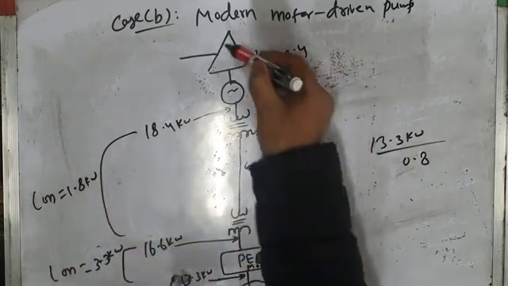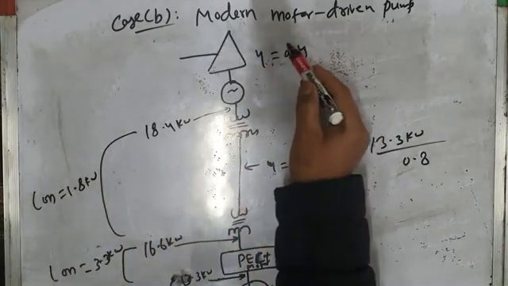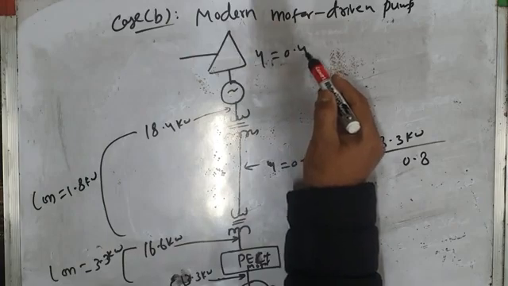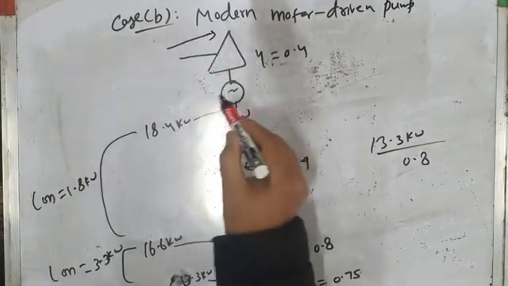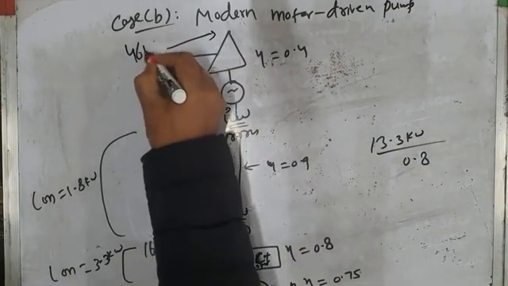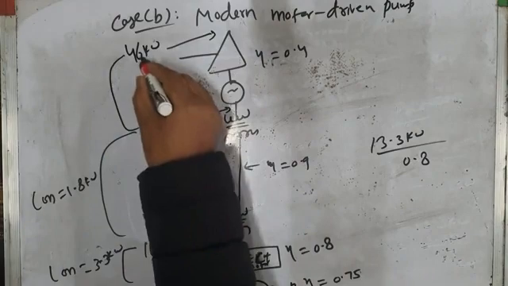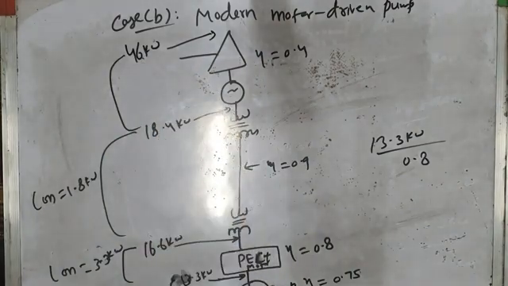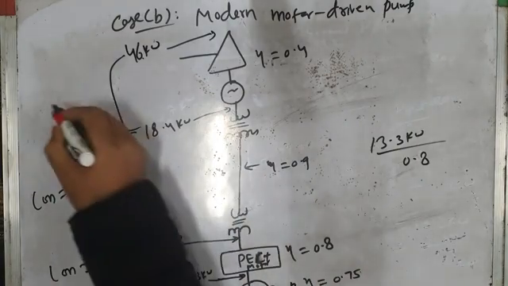And then what is the efficiency of thermal power plant? Only 40%, 0.4. So therefore, what is the input? 18.4 by 0.4, and this comes out to be 46 kilowatts. And therefore, what is the loss? 46 kilowatts minus 18.4 kilowatts. So loss is 28.4 kilowatts.